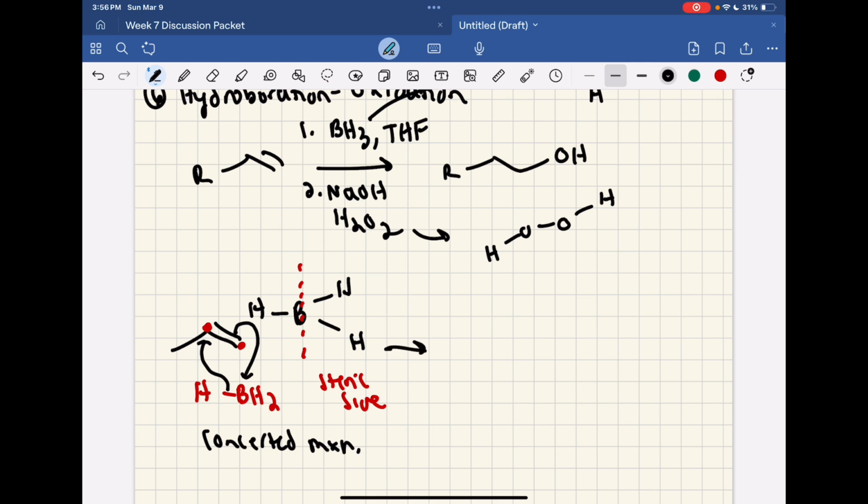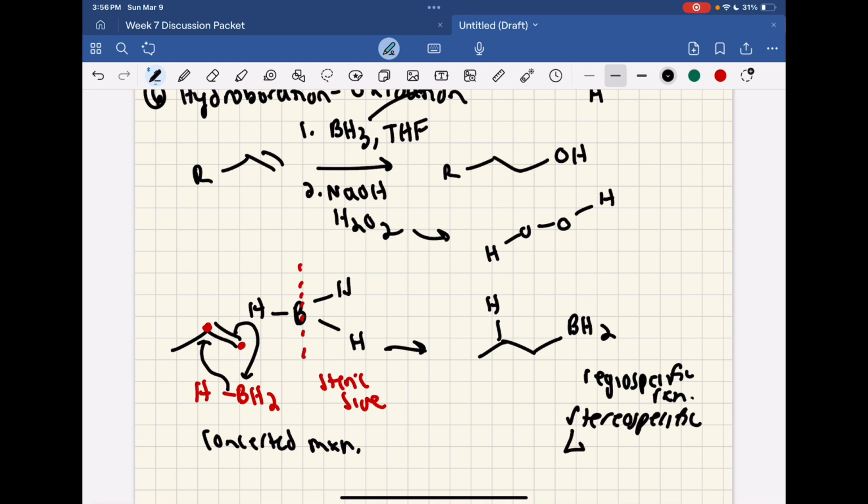So the product of step 1 would be the BH2 at the sterically unhindered side, and the hydrogen at the sterically hindered side. So at this point, this is a regiospecific reaction. The BH2 fragment is always on the less sterically hindered side, hydrogen on the more sterically hindered side, and more specifically, it's stereospecific in the sense that it is syn addition.